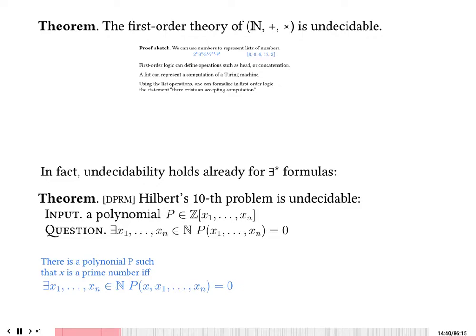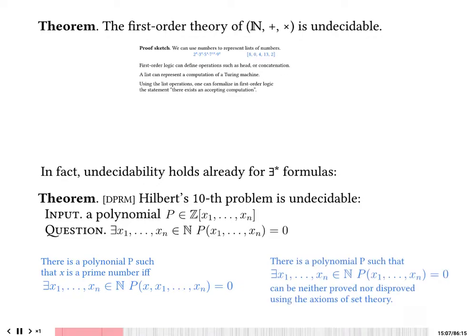So this defines a property of natural numbers, and in fact they show that you can get every recursively enumerable set this way. So for example, because the set of prime numbers is recursively enumerable, it follows that there is a polynomial which is zero exactly on the prime numbers and non-zero otherwise. It's a polynomial with parameters which are existentially quantified.